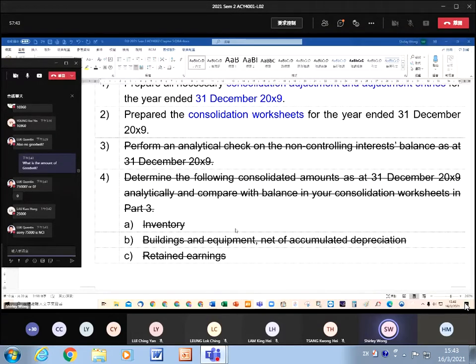75. Okay. So what is the amount of goodwill? How about the others? We have two figures: one is 0, one is 25,000. Any more figures you are able to calculate for this goodwill? Because we know that goodwill is the purchase consideration plus the fair value of the NCI, minus the fair value of the identified net assets, and then we have the goodwill.